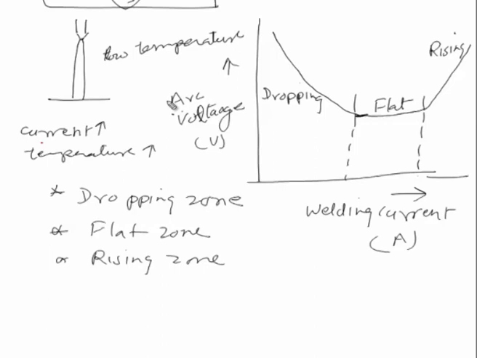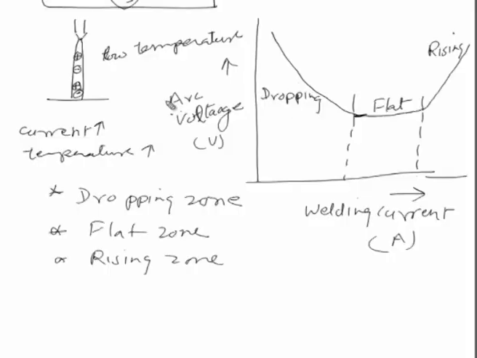This increase in temperature increases the number of charged particles present in the arc gap, and the increase in the number of charged particles, or particle density, results in an increase in electrical conductivity.